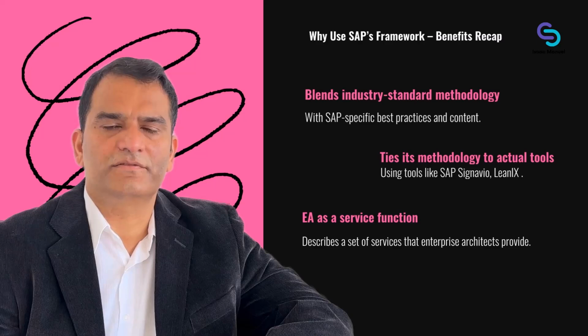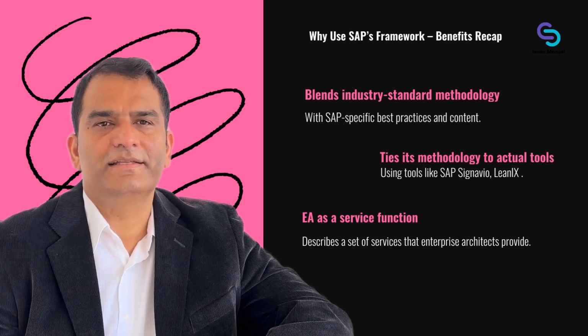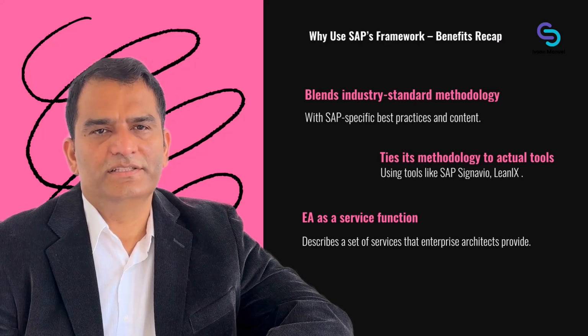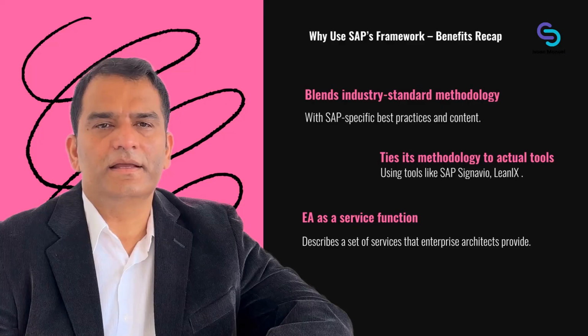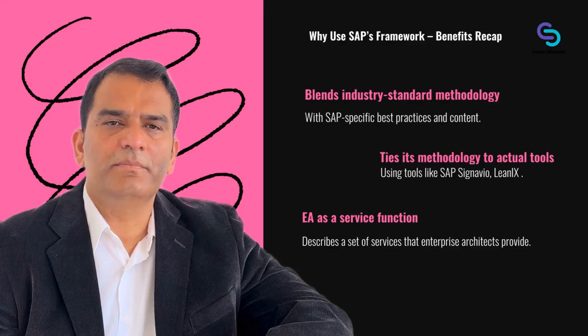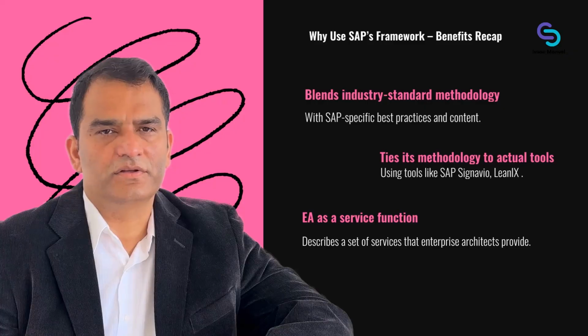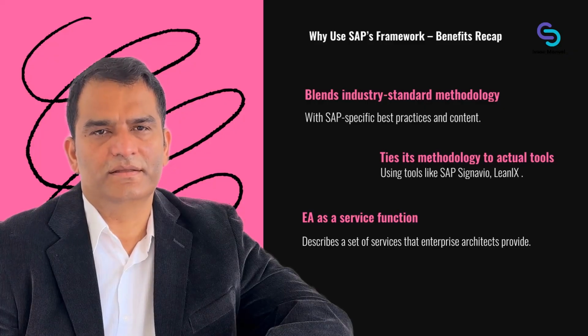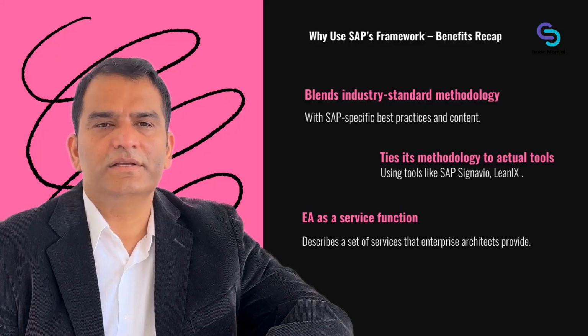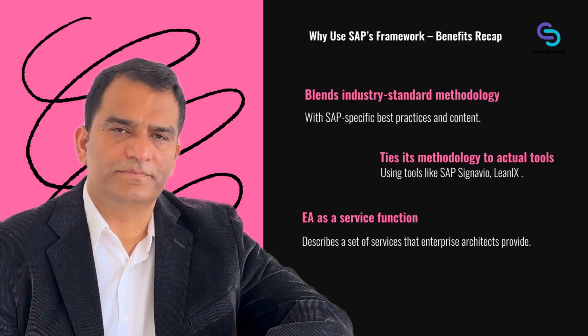Additionally, SAP's framework emphasizes EA as a service function within an organization. It describes a set of services that enterprise architects provide, such as developing an architecture vision, doing innovation road mapping, conducting target architecture assessments, and so on.